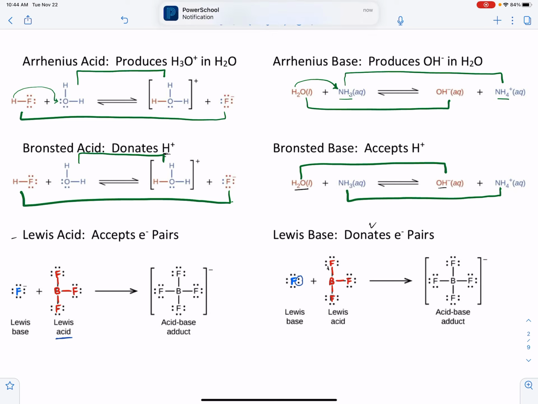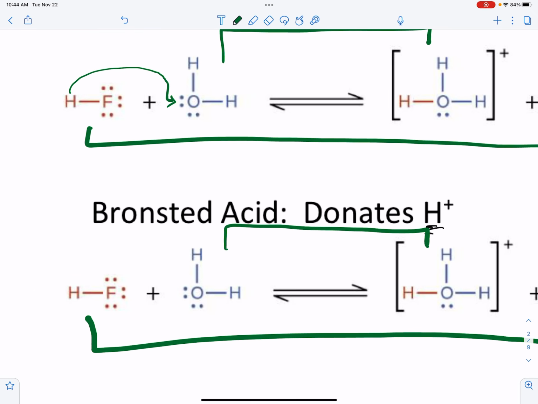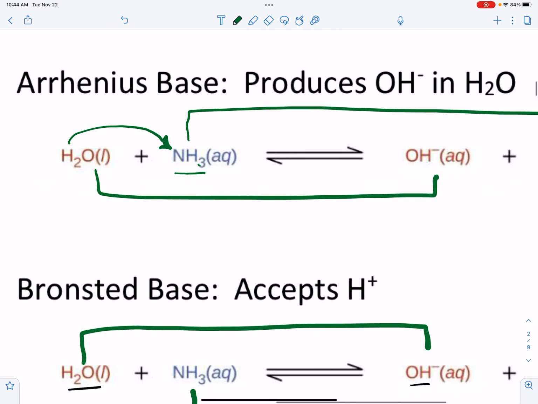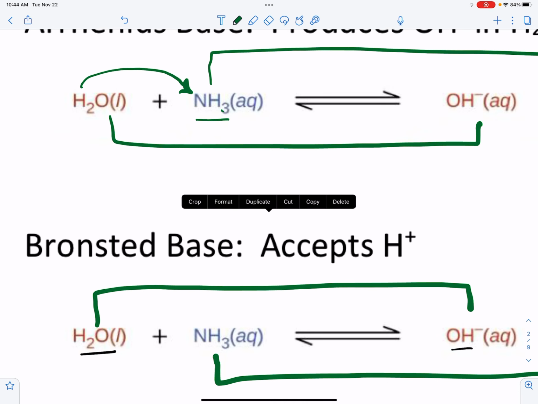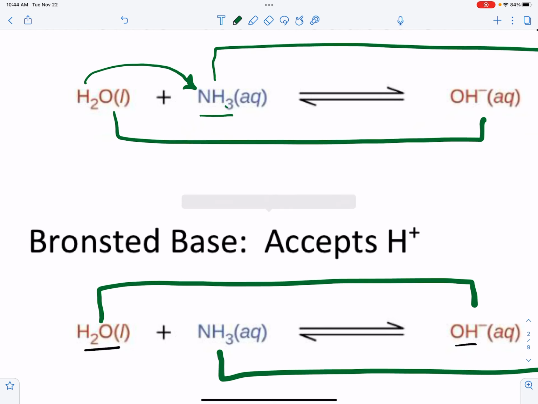So here is the other thing we're going to be doing: we will actually label them. On the left-hand side, the one that had the H that was doing the donating, that's the acid, and that's the base. I'm going to go to the other one. Again, the one doing the donating is my acid. Whoa, it's not letting me write on it.